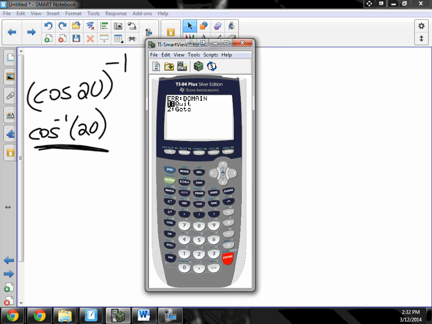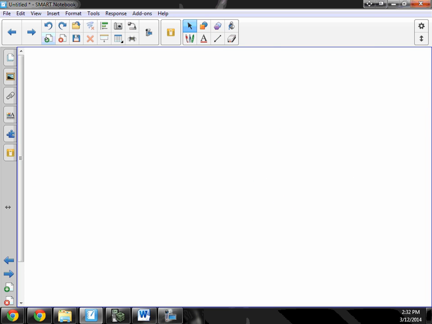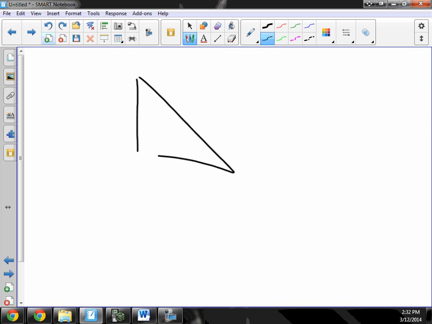Okay? So let's go back to this triangle with a 51-degree angle. Maybe I'll just start over. So 4, 3, 5. This is 53.1. So the sine of 53.1 equals 0.8.